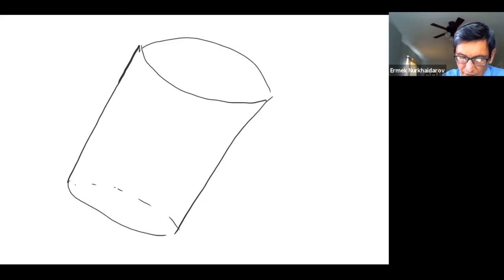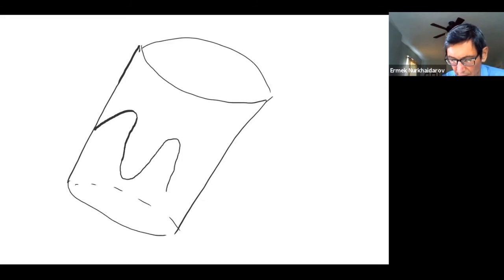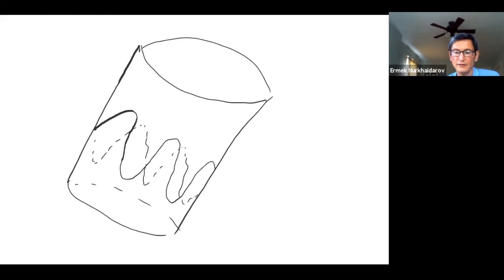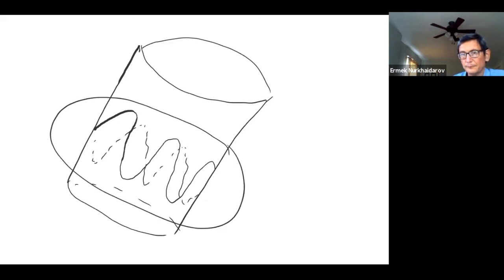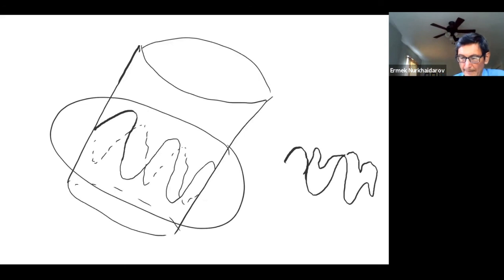And on the side of the cylinder, you want to inscribe a curve going up and down, up and down, up and down, all the way through, right? But you're doing it on one side of the cylinder. Do you see that? And that's the curve we are talking about. And then you just pull only that curve, right? Yeah, probably a bad picture.